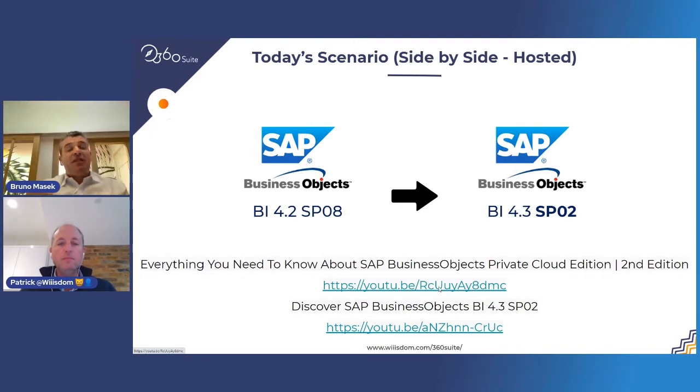So it's basically your on-prem deployment that you're moving to the private cloud edition of business objects. And from there, once it's on 4.3 on PCE, then SAP will handle all the upgrades, all the service packs. They'll be responsible for doing that. And I think as of 4.3, there'll be about one SP per year. So you won't need to worry about that. SAP will do that for you.